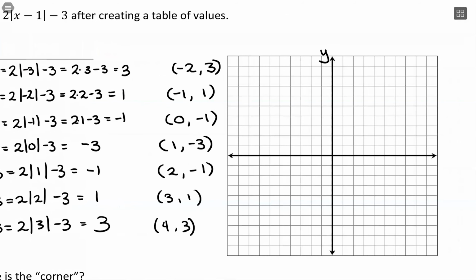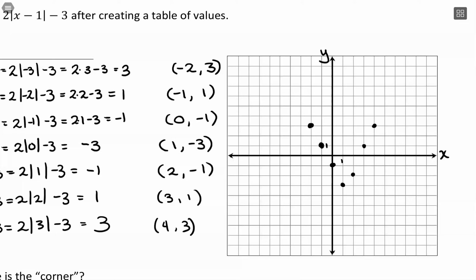So we have our y-axis and our x-axis. We have -2, positive 3. I'll do a scale of 1 and 1. -1, positive 1, 0, -1, 1, -3, 2, -1, 3, 1, and 4, 3.